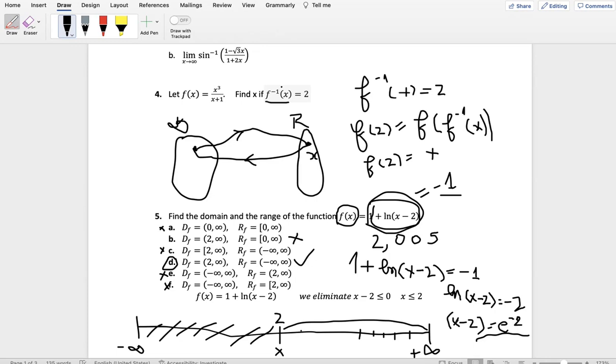So the value of x such that when you plug that x into the inverse function, it's equal to 2. But now remember that what we said was, for inverse functions, the range of the original function becomes the domain of the inverse.